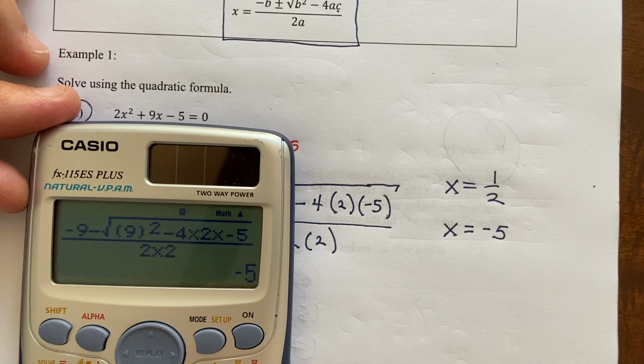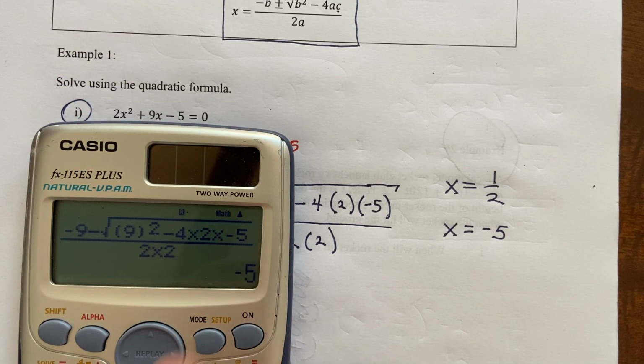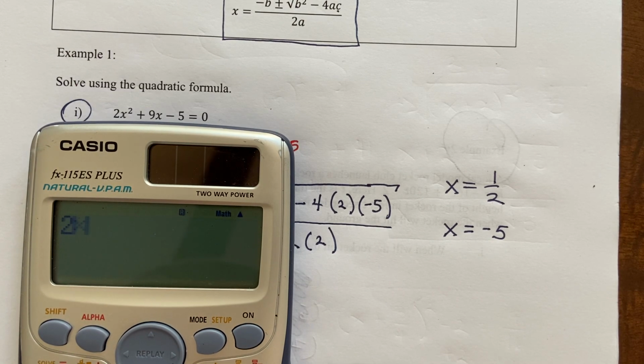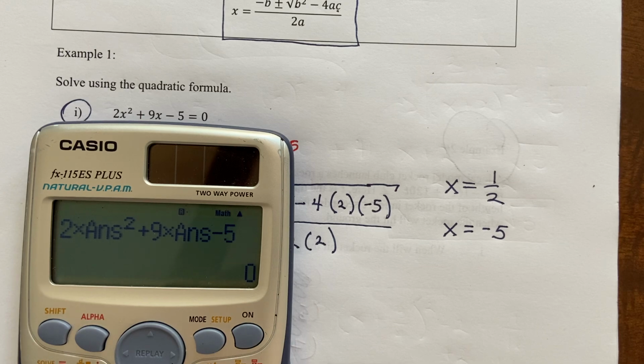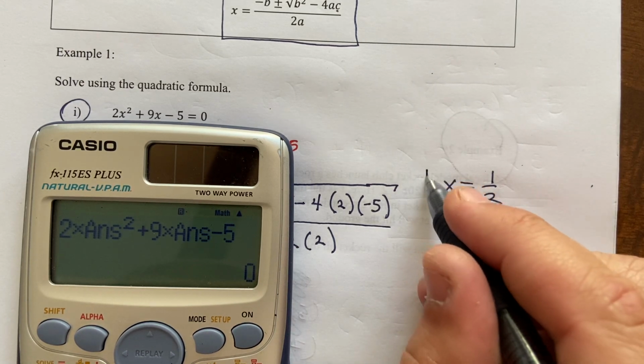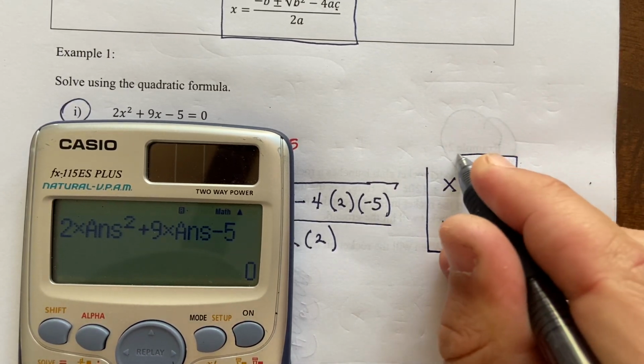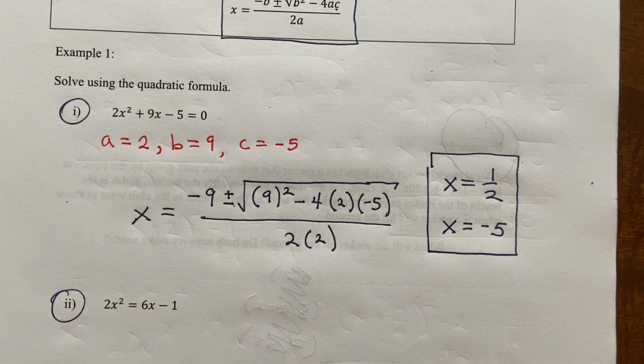So I can say, since -5 is appearing in the screen, I can say 2 times answer squared plus 9 times answer minus 5. This should be 0, and it is. I'm assuming that 1/2 also works.